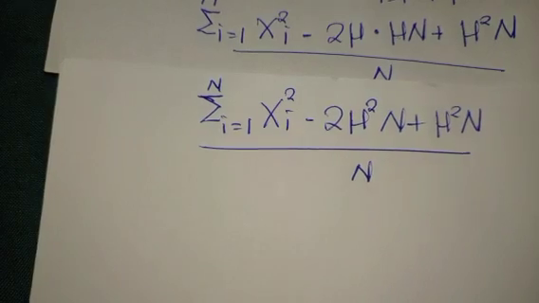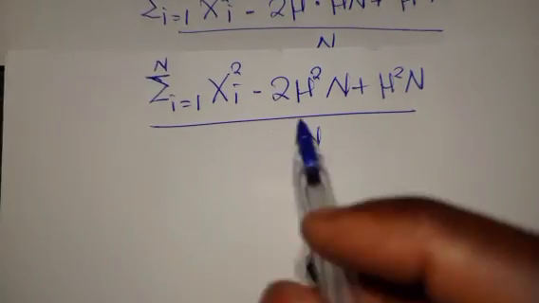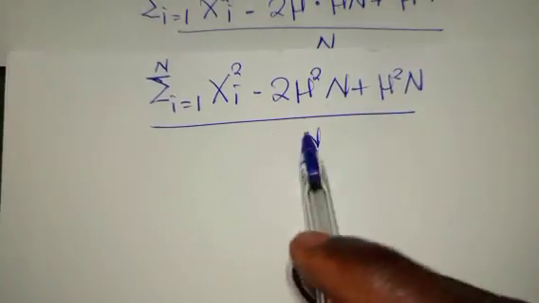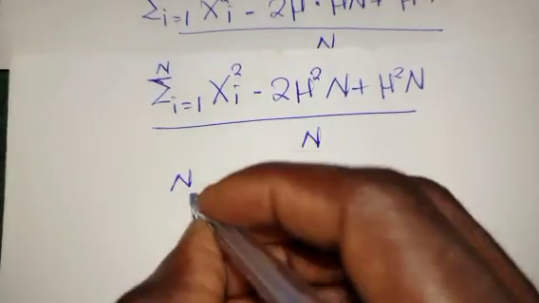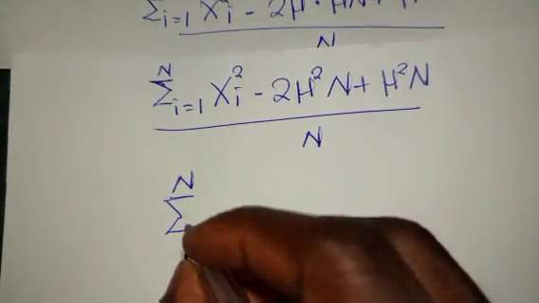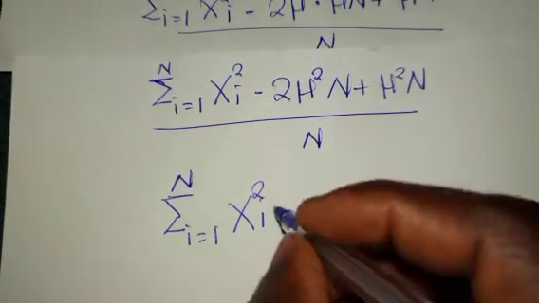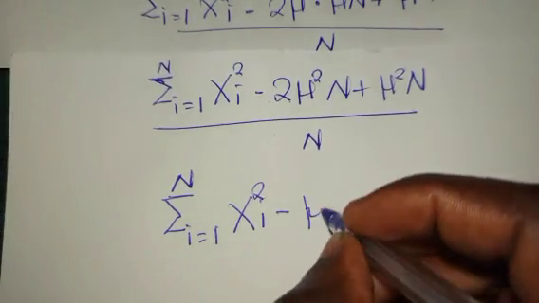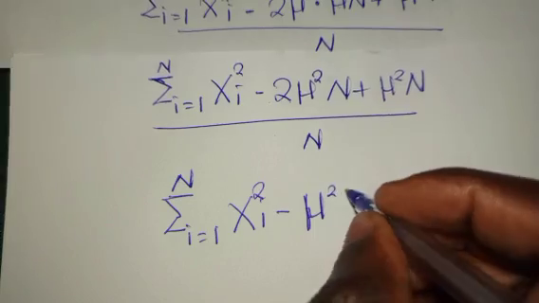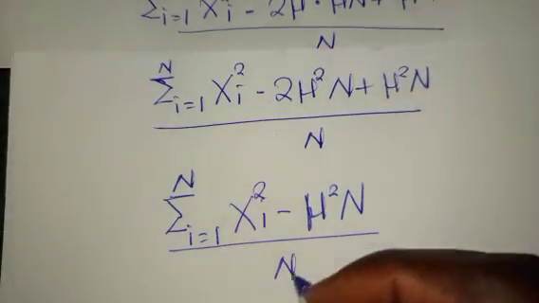These two are like terms and they can subtract, and we have the summation of x_i squared minus mu squared n, over n.